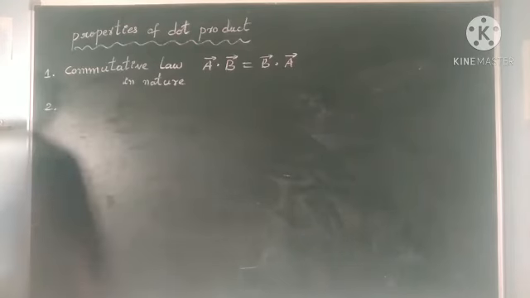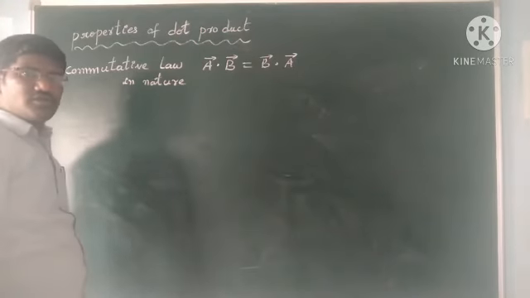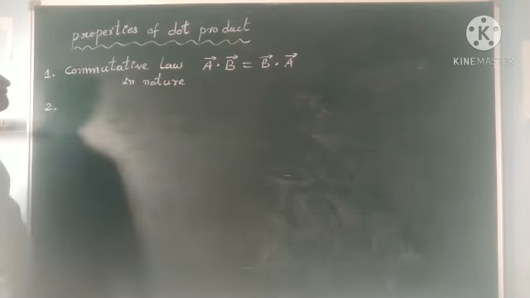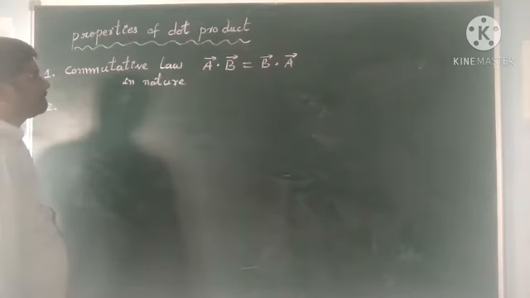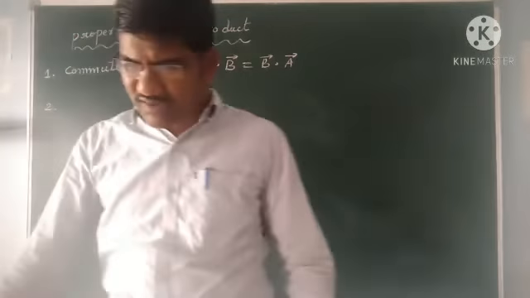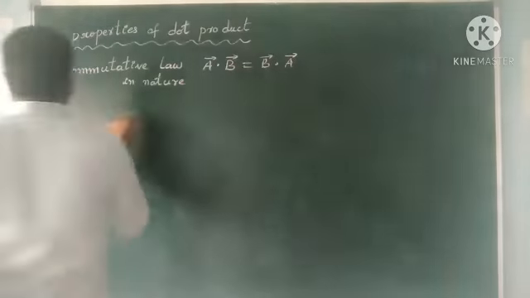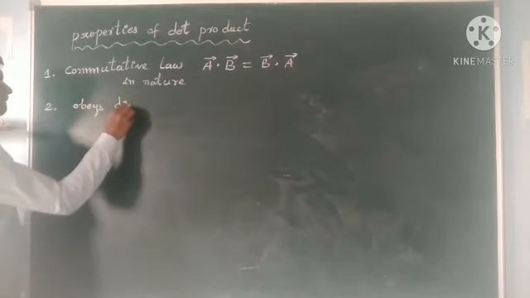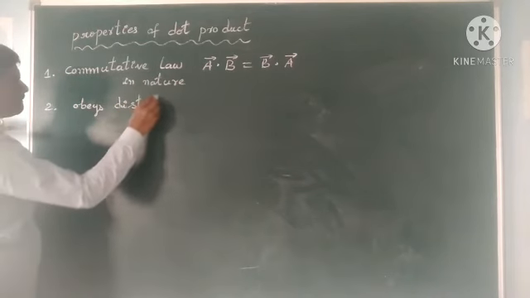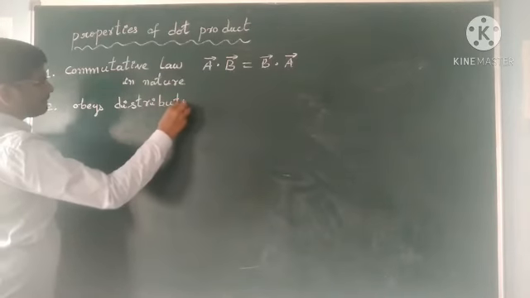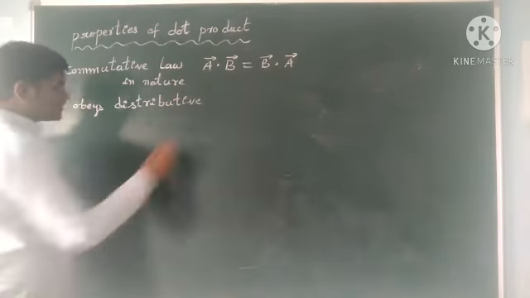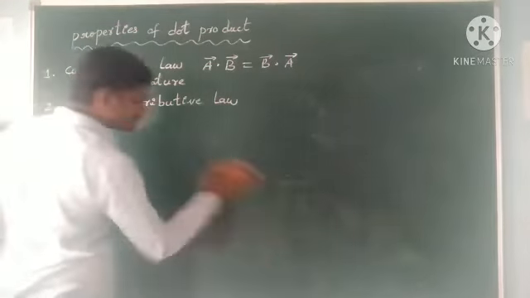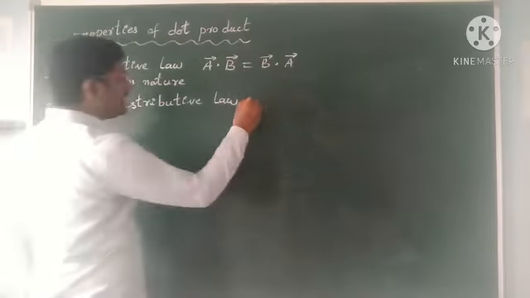The second one is that the dot product follows the distributive law also. It obeys the distributive law in sum.